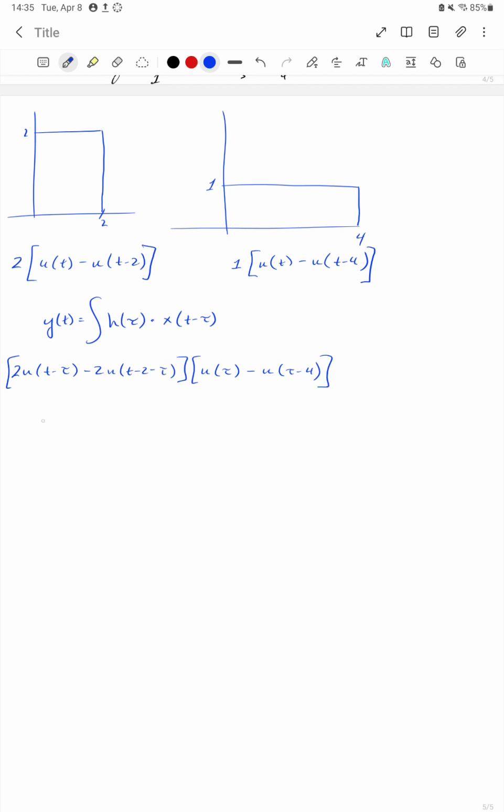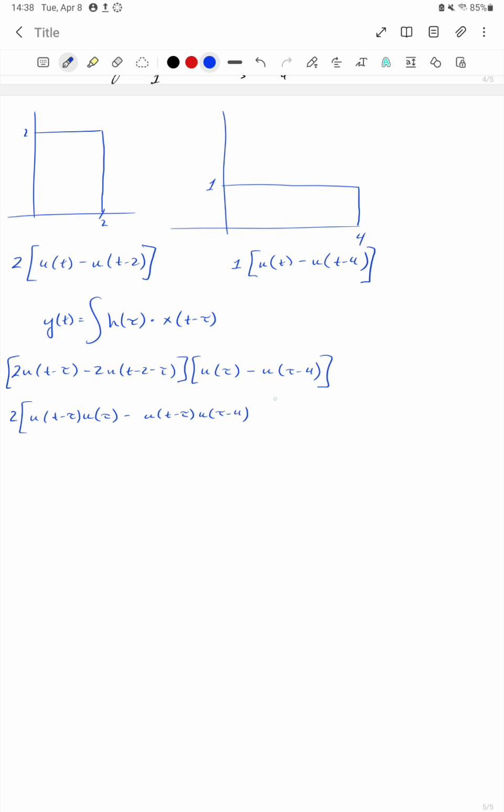And so we're going to FOIL again, nice and long. I'm just going to put the 2 in the front again, because it's going to be 2 times everything: this, that, this, and that. So we've got u of t minus tau, u of tau, minus 2u of t minus tau times u of tau minus 4.